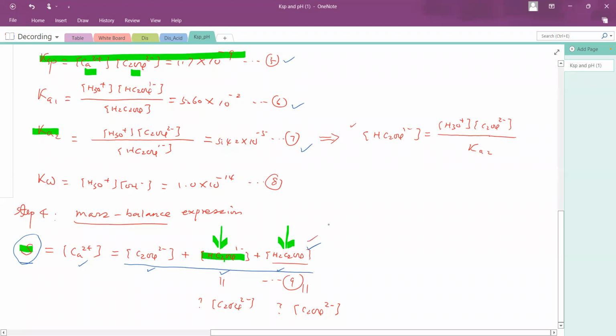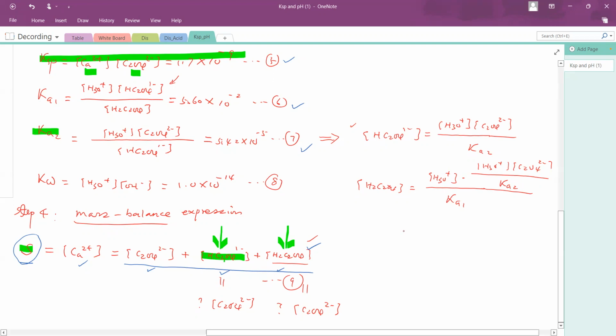Now we are going to find this one. We are going to use Ka1. So it equals Ka1 times the hydrogen oxalate, and we use this one with Ka2, right? Get it?